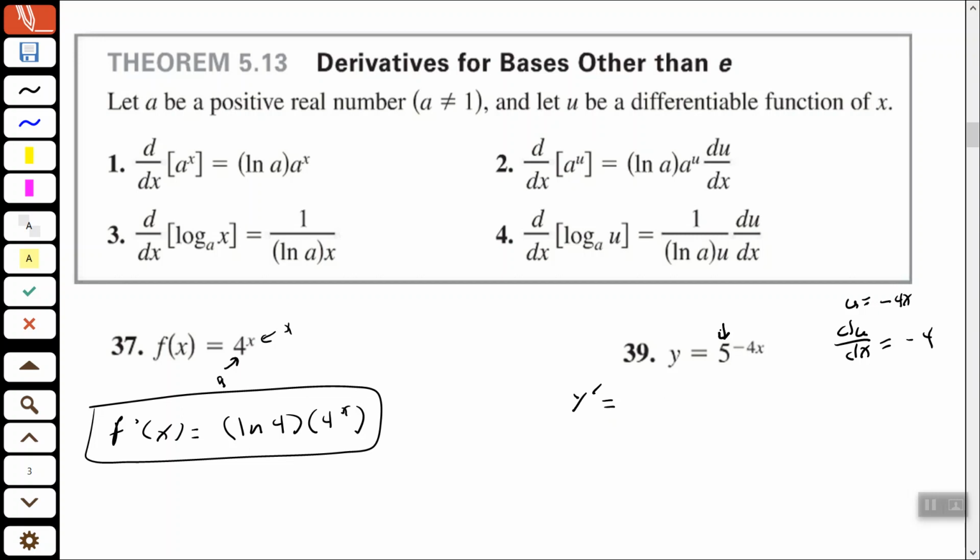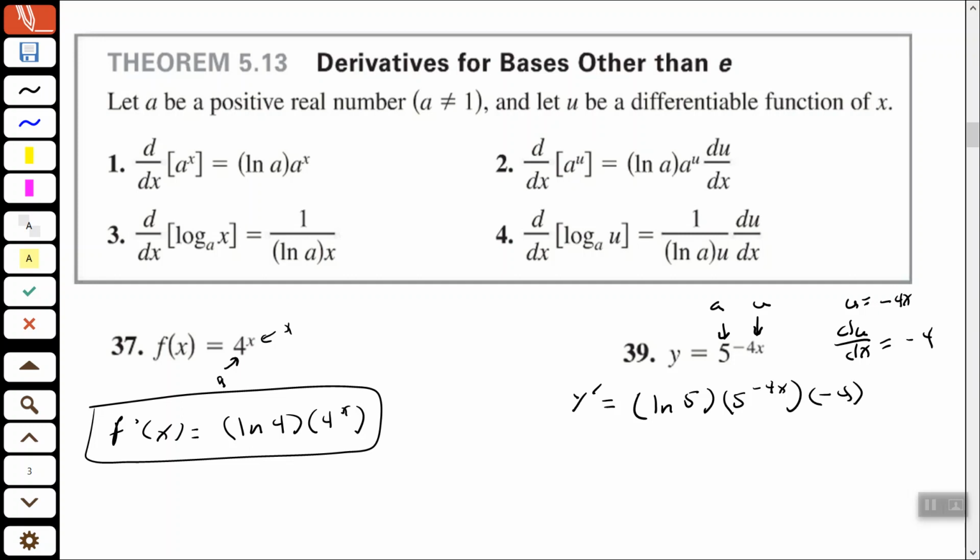In this case, 5 is in the place of a, and then negative 4x, of course, is u, as we stated. So the natural log of 5 times a to the power of u, so times what you have here, so times 5 to the power of negative 4x times du over dx.